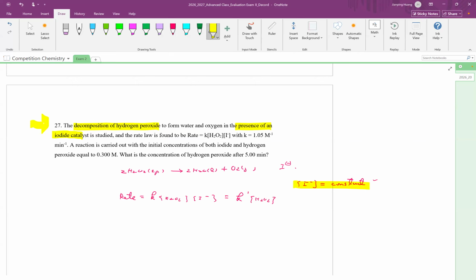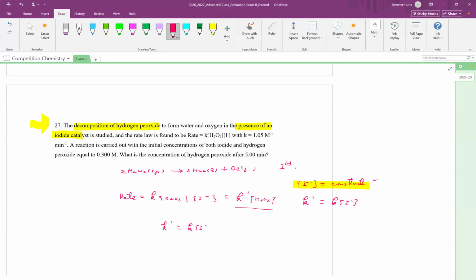Here they introduce the catalyst. Basically, it's a pseudo first order. So K prime equals what? Equals K times I minus. Right? Now you know this one. Then everything is so easy, right? K prime equals what?